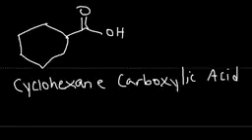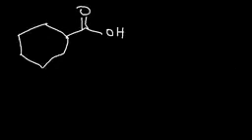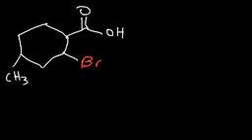Now, what if there's some substituents attached to it? Let's say if we throw in a bromine atom and a methyl group. How can we name it? So automatically, this is going to be carbon 1. It's associated with the functional group that has the highest priority here.